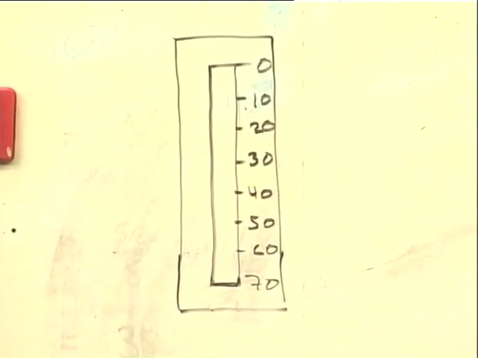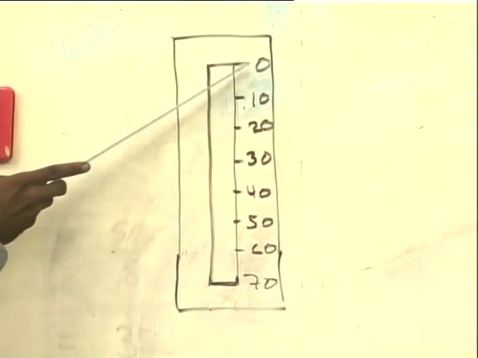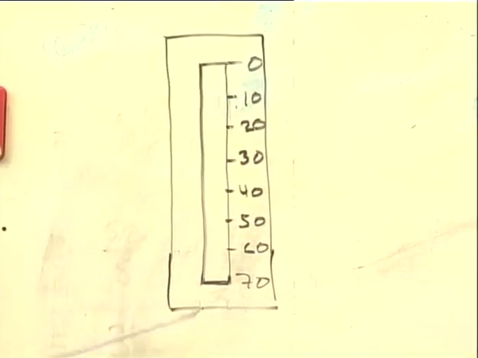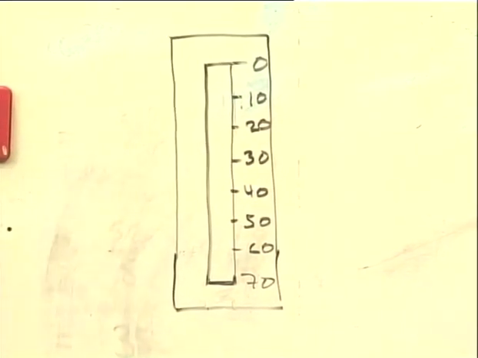Okay, how many scales can you see from 0? These lines here, these are scales. How many can you see between 0 and 70?